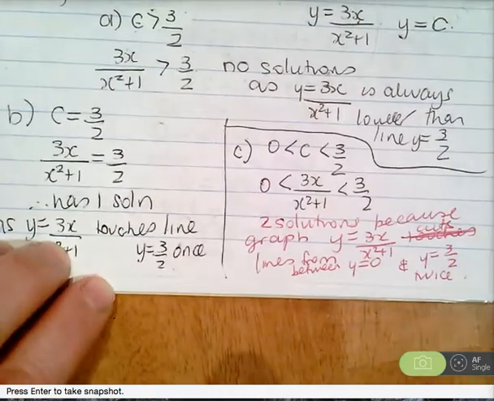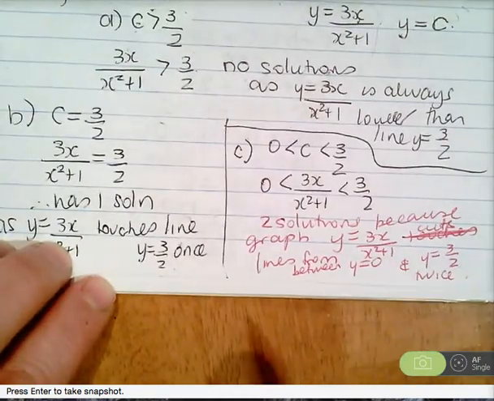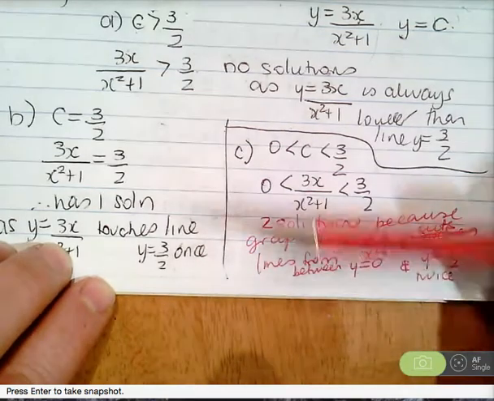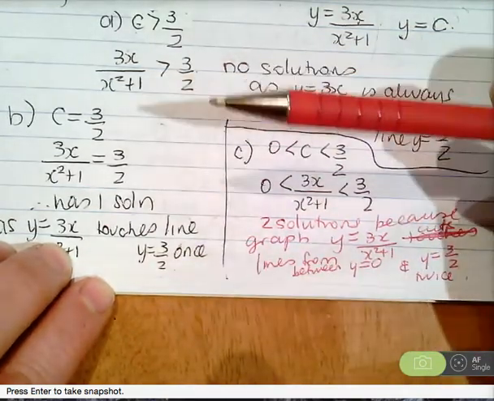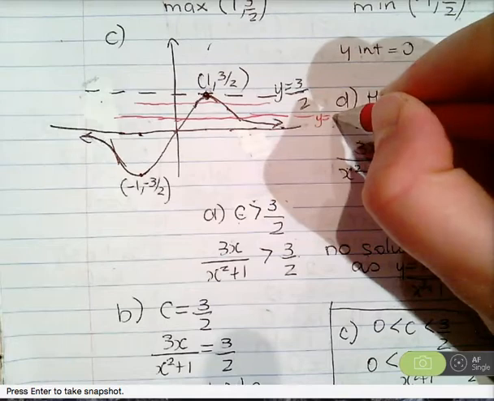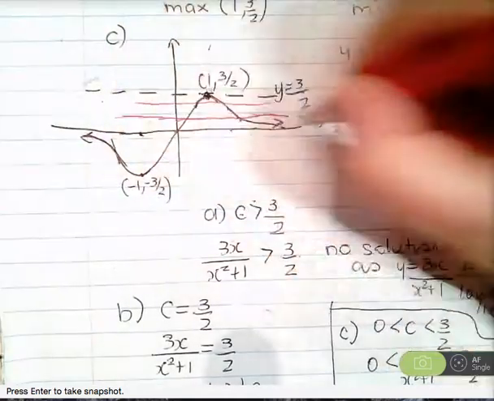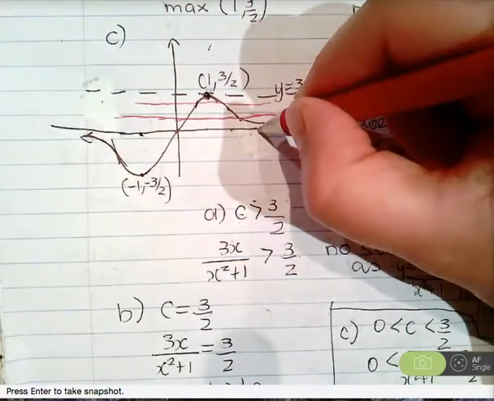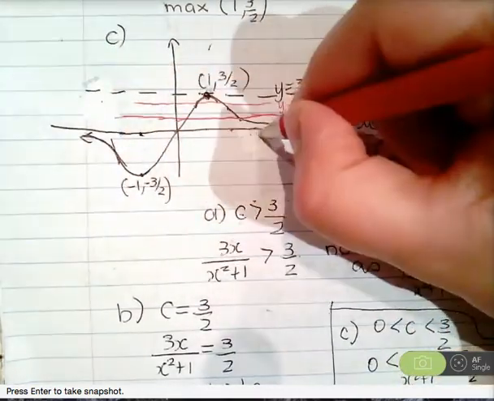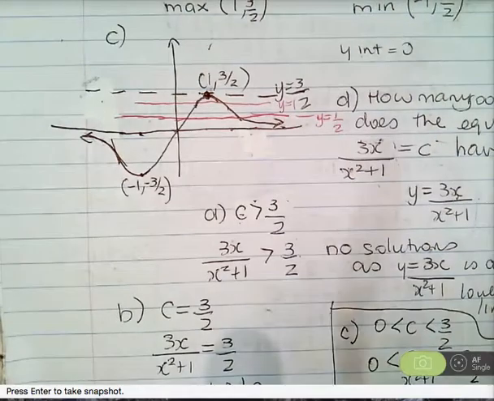So two solutions, because the graph y equals 3x over x squared plus 1 cuts any horizontal lines drawn above y is 0 and less than y equals 3 on 2. So for example, if I drew the line y equals a half here, that black curve cuts it twice. If I draw the line y equals 1, my curve in black cuts it twice, so there are two solutions to it.